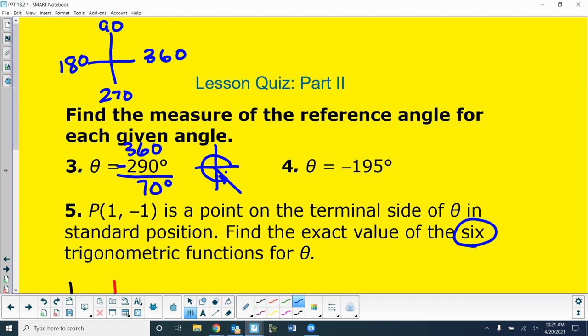Again, -195 would be -90, -180, so -195 is about there, right? So the reference angle is that one, between the hypotenuse or the terminal side and the x-axis. How much farther past 180 did you go?